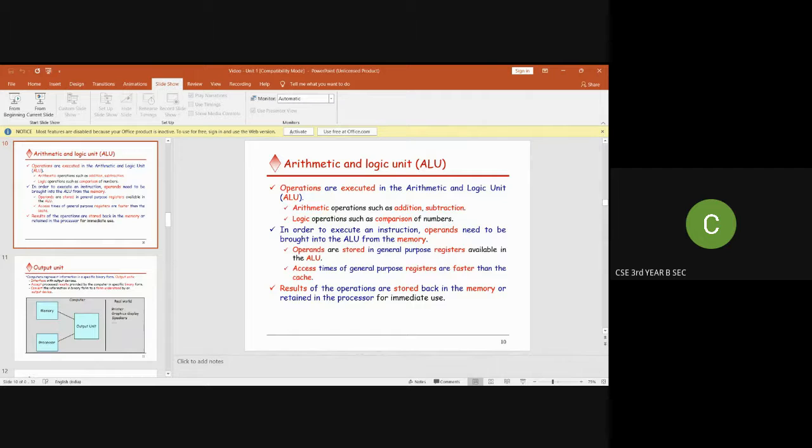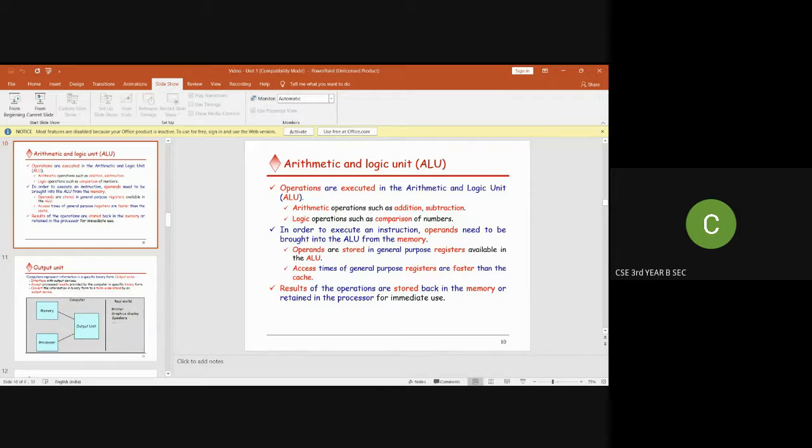In order to execute an instruction, we need two things: first the operand, and the instruction. The instruction tells the ALU what operation is to be performed on the data. So the operands must be given to the ALU and the instruction is also given to the ALU.